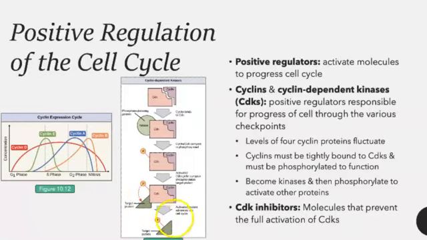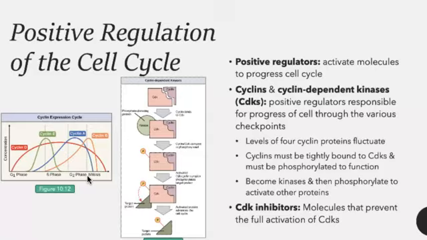And note that these complexes are only going to function when cyclins are present in the right amounts. And of course, those are taking place at specific phases here. And they also need to be properly phosphorylated in order to function properly. That way our cell isn't going to move forward until it's ready.